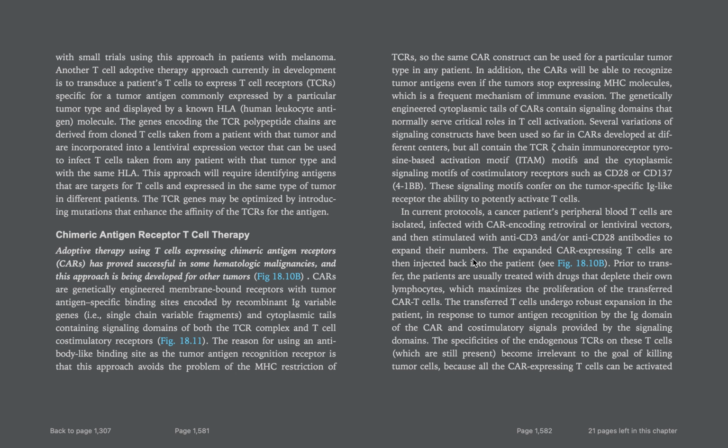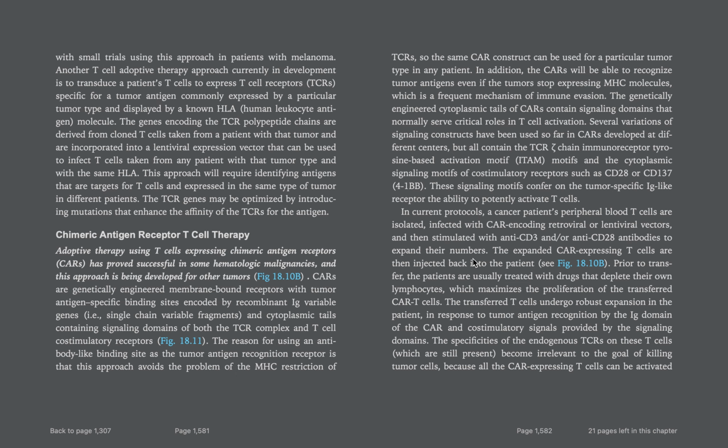CARs are genetically engineered membrane-bound receptors with a tumor antigen-specific binding site encoded by recombinant Ig variable genes, a single chain variable fragment, and cytoplasmic tails containing signaling domains of both the T cell receptor and a T cell costimulatory receptor.